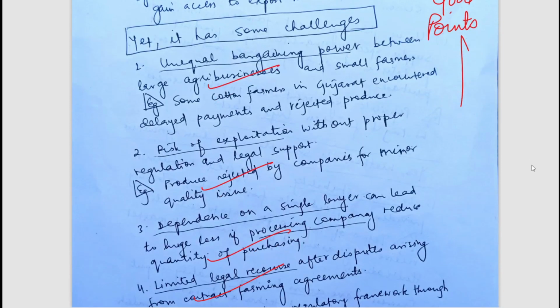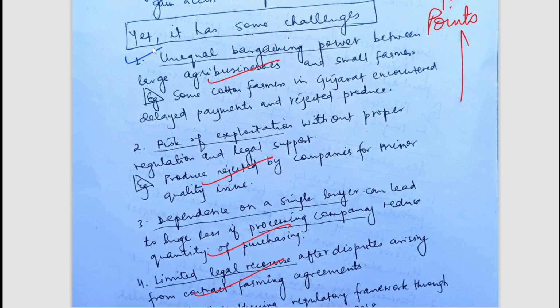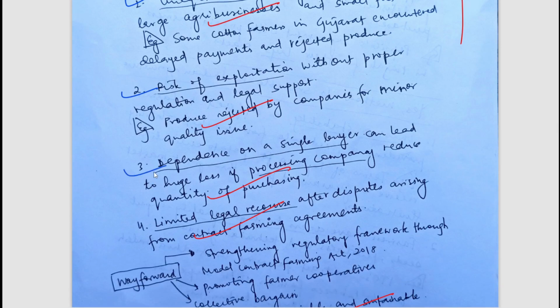Although it has some challenges also, such as unequal bargaining power. Many times, large agribusiness firms exploit farmers. So that is another problem. That is what is mentioned here: risk of exploitation, dependence on a single buyer. Many times, due to pre-committed prices, the farmers are not able to get benefits from the rise of prices in the markets. Then limited legal recourse.